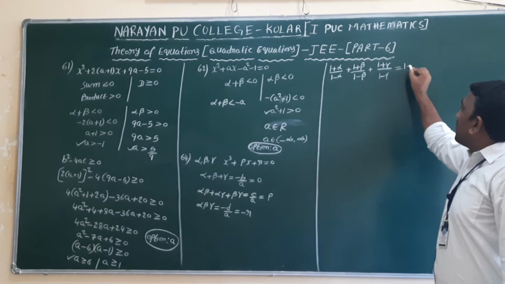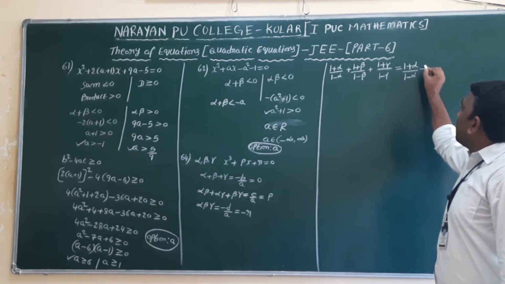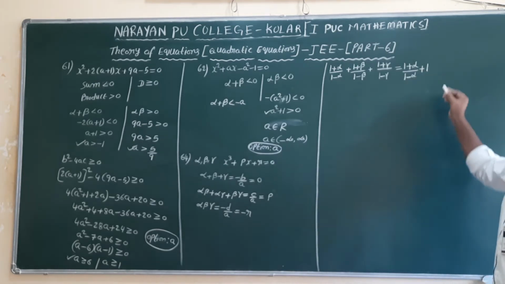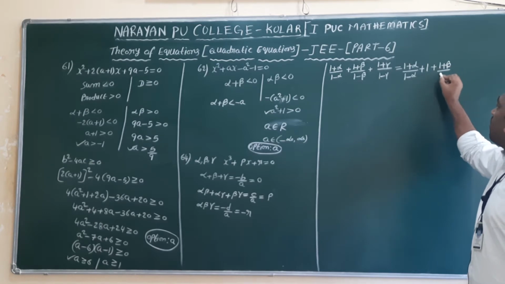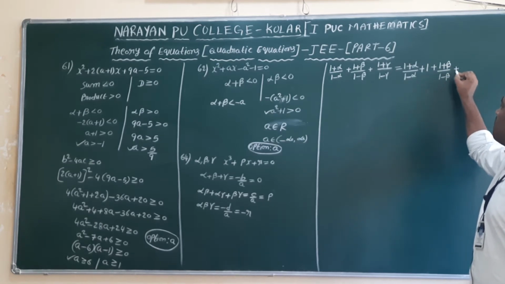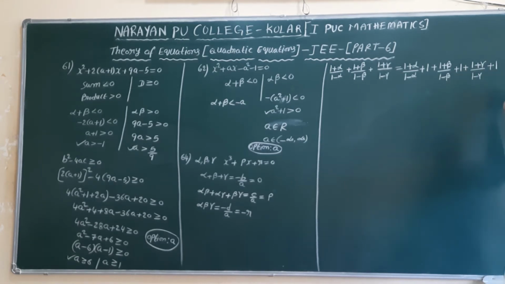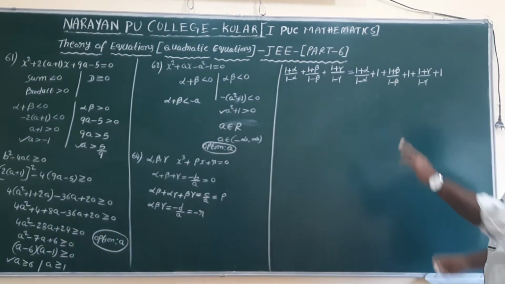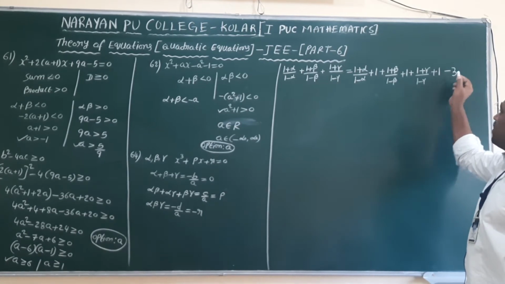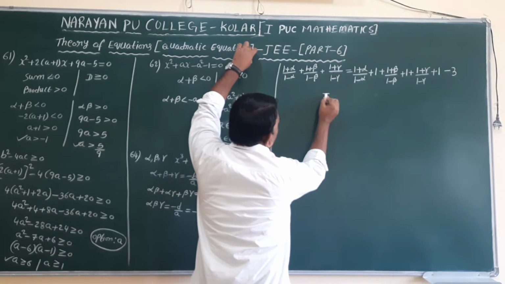So (1 plus alpha)/(1 minus alpha) plus 1, same thing, plus (1 plus beta)/(1 minus beta) plus 1, plus (1 plus gamma)/(1 minus gamma) plus 1. We are adding 3 terms here, plus 1 and plus 1 is plus 3, so subtract that. The equality does not change.